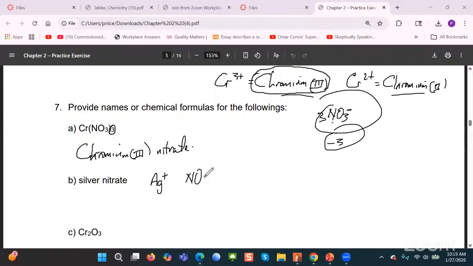In this situation, the number of plus charges and the number of negative charges are the same. So when you put them together, you don't need to multiply any of them by anything. Therefore, the final answer is AgNO3. AgNO3 will be the answer for number 7B.